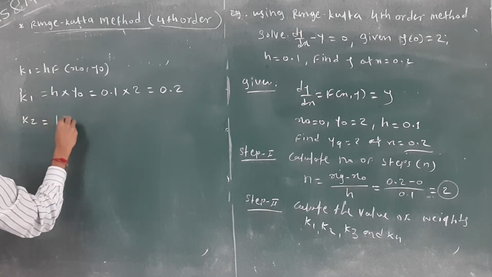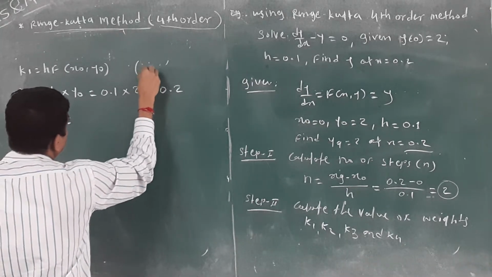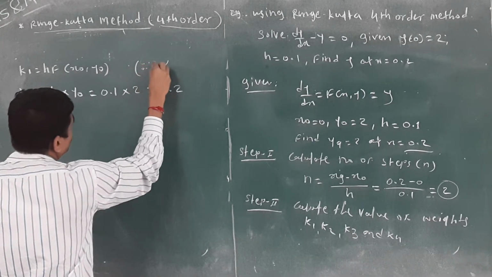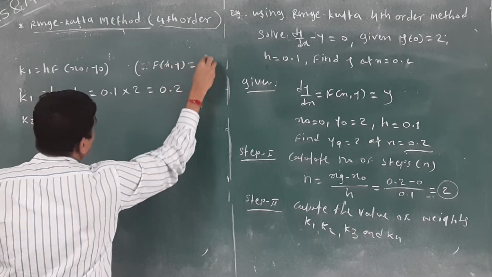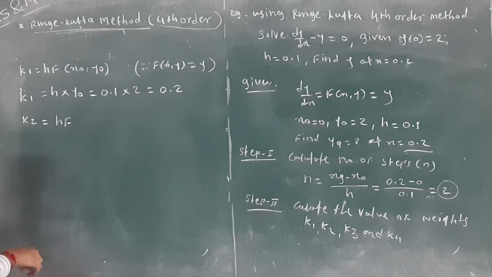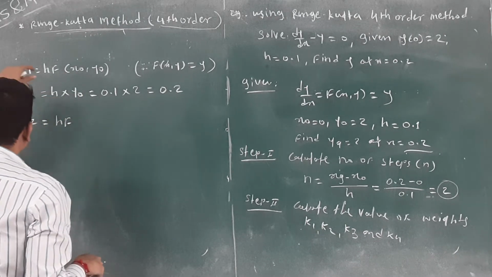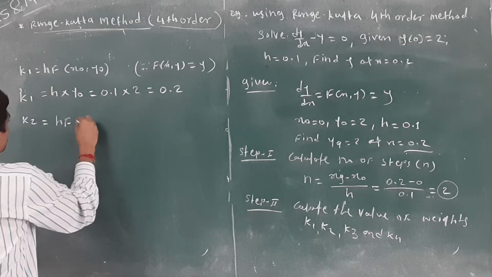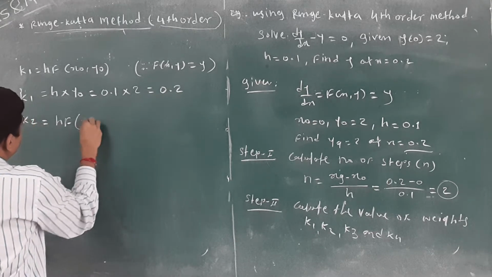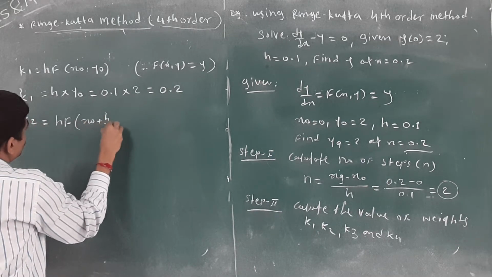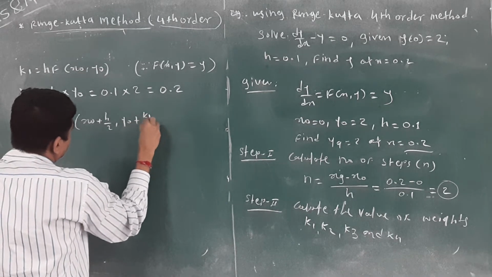In a similar way, you have to calculate the K2. What is the formula? Since the function of x, y is equal to y only, we need not think about the first parameter. K2 is equal to h f of x0 plus h by 2, y0 plus k1 by 2.